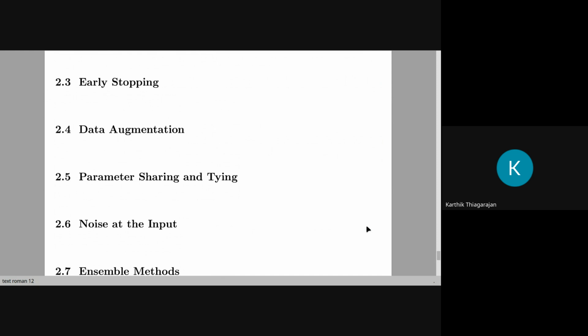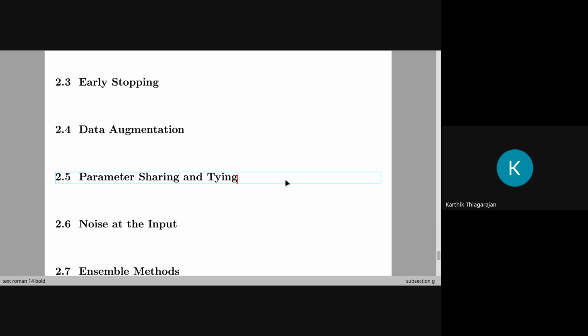Data augmentation will also help you generalize better. For example, in images, a particular orientation might not have been there in the training data. So by rotating your images and doing other transformations, you are bringing in those possibilities also, so your model is going to generalize better.